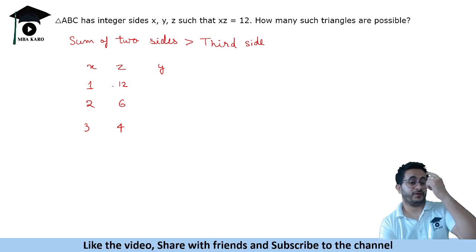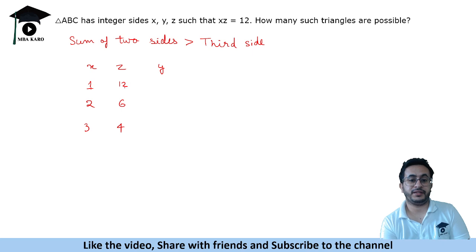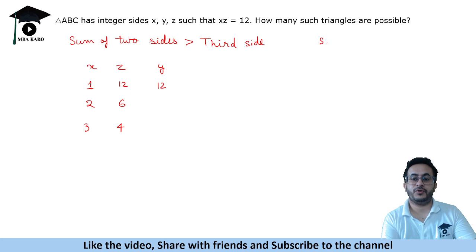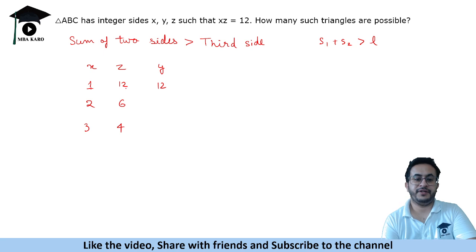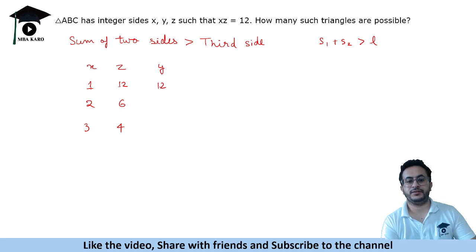So 1 plus 12, that is 13, should be greater than that number. Basically you take the smaller side plus the second smaller side, which should be greater than the largest side. So if the largest side is 12, the third side should be less than 13.